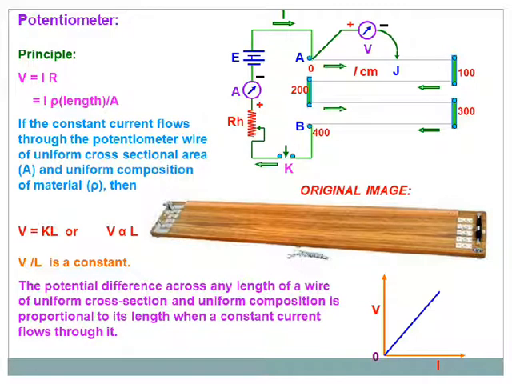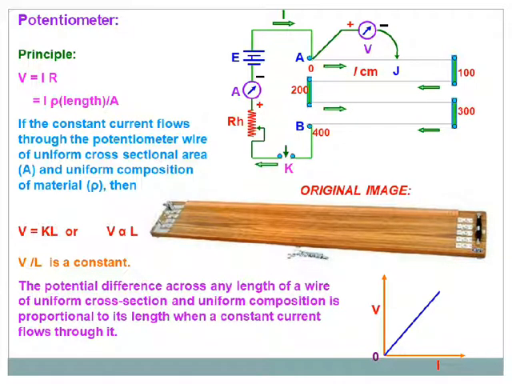Now to prove that, we have derived one equation which is very simple. As you all know Ohm's law, which is V is equal to IR. Instead of R, we are going to put one value which is related to resistivity.